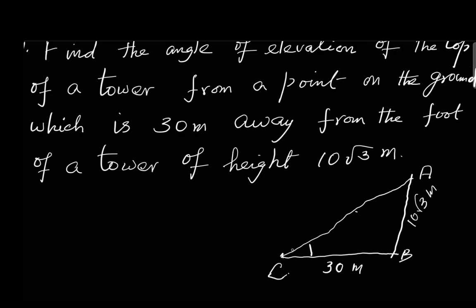The line of sight makes an angle with the ground, we mark it as theta. This is your angle of elevation. So you have to find what this theta is.